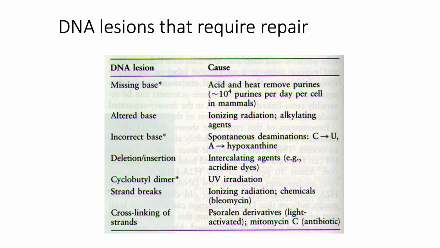Incorrect base, a deletion or insertion, a pyrimidine dimer, called a cyclobutyl dimer in this case, or a cross-linking of the strands, which we really didn't talk about, but there are some chemicals that produce cross-links between the two strands, and of course those need to be fixed before you can replicate or transcribe through them.